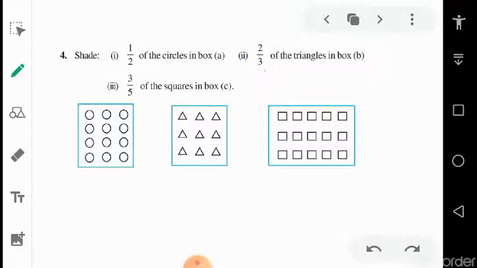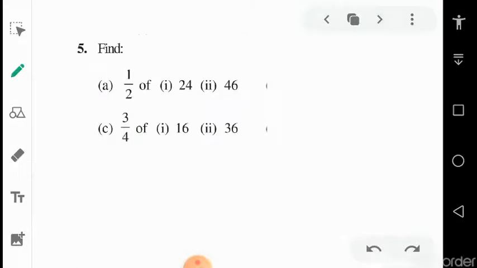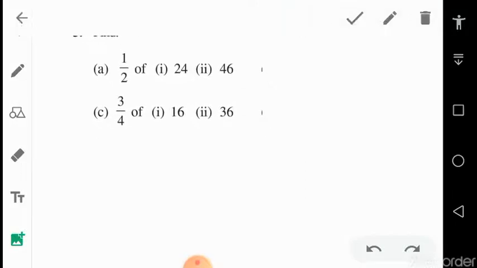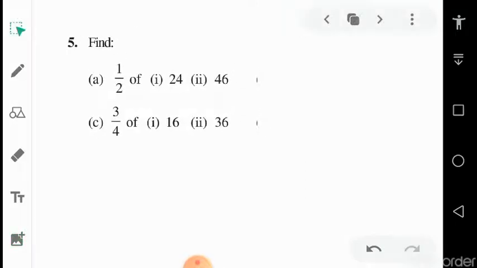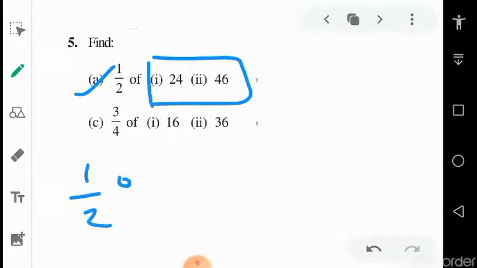Next, find half of. Now I will tell you the first part, half of 24 and half of 46. There are two questions. We have to find half of both of these. Now I am solving part A. So half of, it is written half of 24.